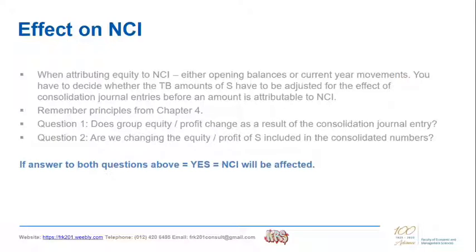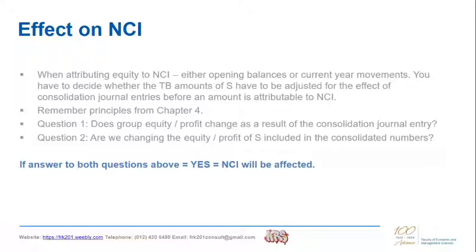So if your answer to question 1 was yes, the second question was, are we changing the equity or profit of S that is included in the consolidated numbers? And the reason we have to ask that is because NCI depends on the trial balance amounts of S. If a consolidation journal entry is changing the trial balance amounts of S that ends up in the consolidated numbers, you have to change those trial balance numbers of S before attributing to NCI.